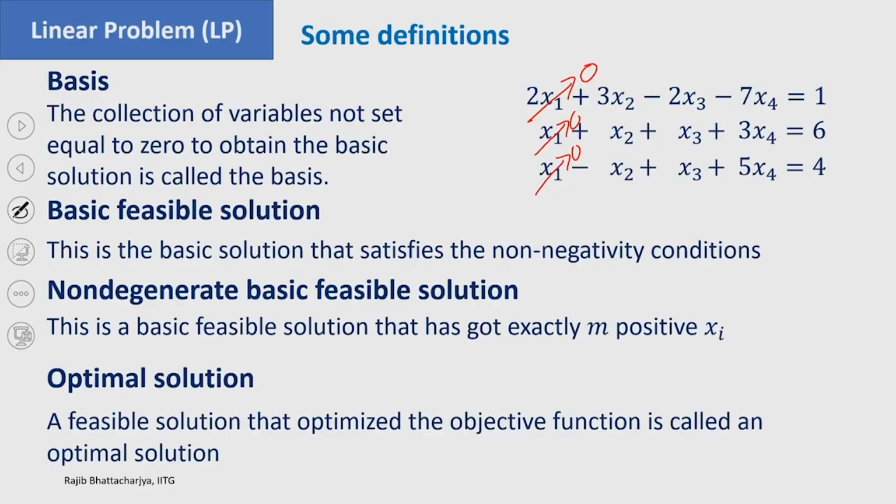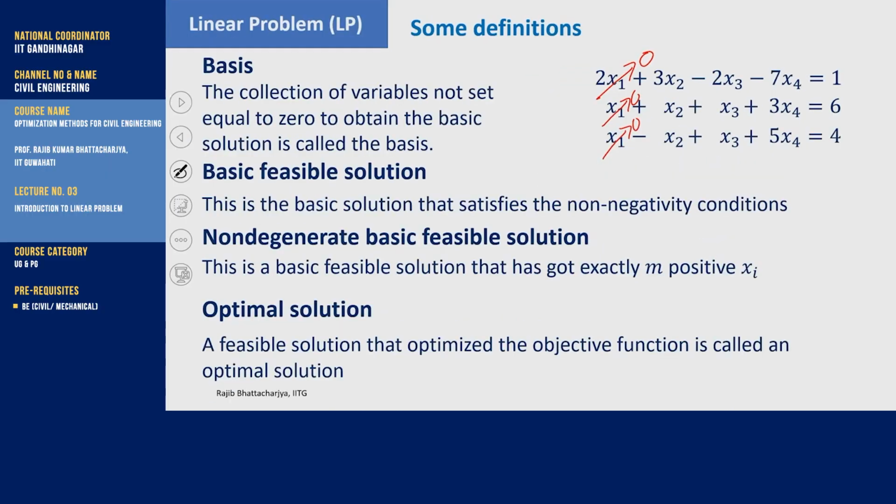Therefore, x2, x3 and x4 will be in the basis. So, the collection of variables not set equal to 0, in this case x2, x3 and x4, in the earlier case it was x1, x2 and x3. They are in the basis, or we can say these are the basic variables.